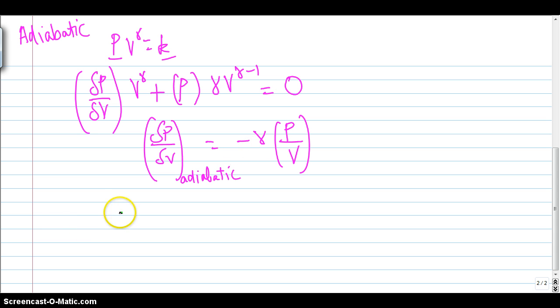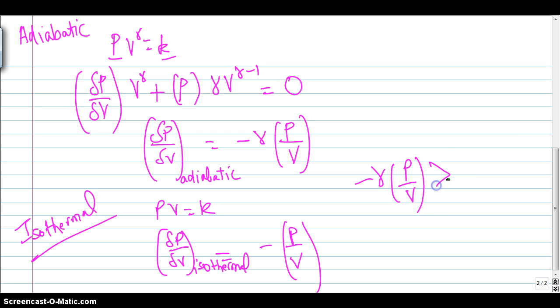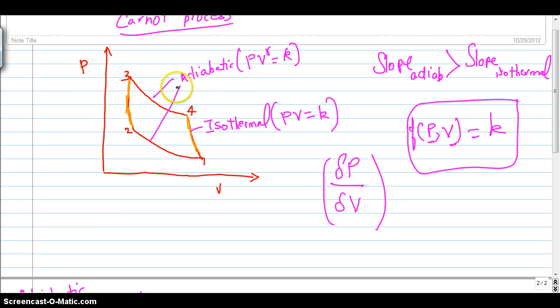Similarly for an isothermal, you would get the partial derivative of P with respect to V equal to minus P by V. Clearly, gamma times P by V is greater than P by V, so this is the slope of the adiabatic.